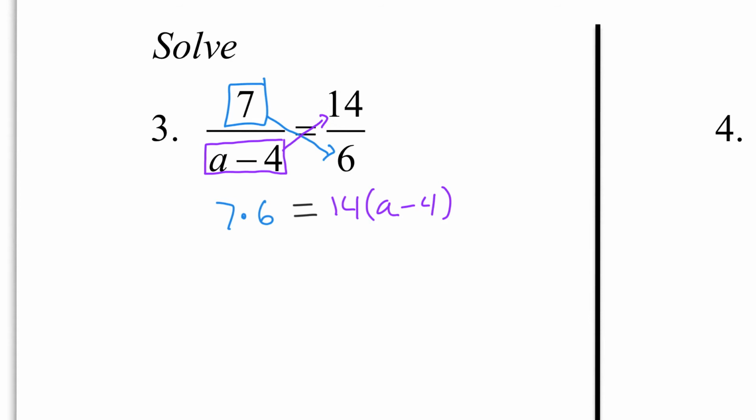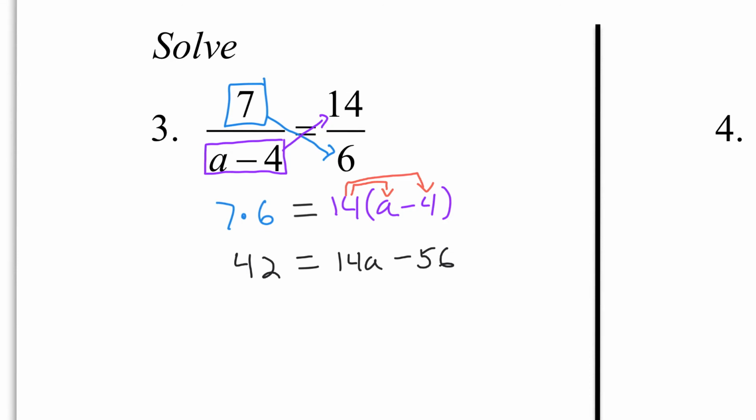So let's do that on the left side first. 7 times 6, that's 42. On the right side, we have 14 times a, that's going to be 14a, and you take 14 times minus 4, that's going to be negative 56.